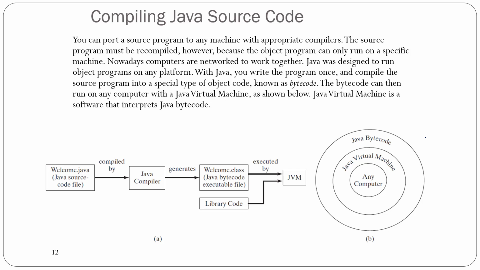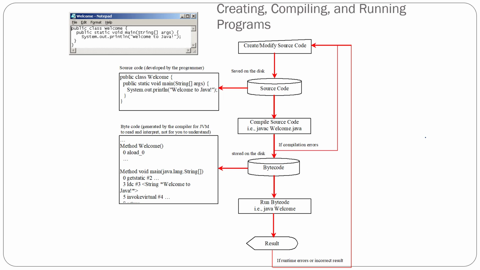Alright, this understanding is important for you to understand the Java feature of platform independence. So what we will do is I will write a program and walk you through it, explaining why I'm writing it in that specific way, and then I will show you what is going on in this figure.